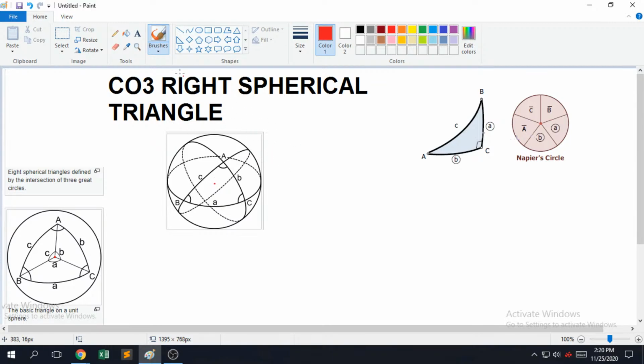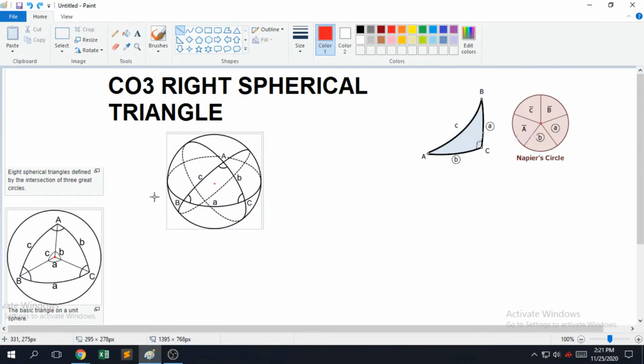For example, let's say that's a ball, and you take a knife and slice that ball this way, you will pass through the center point.